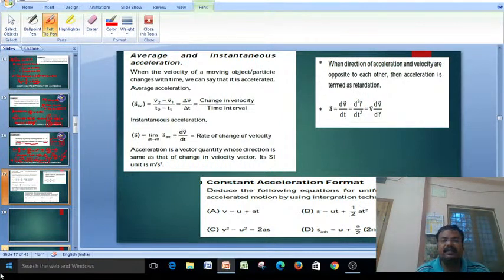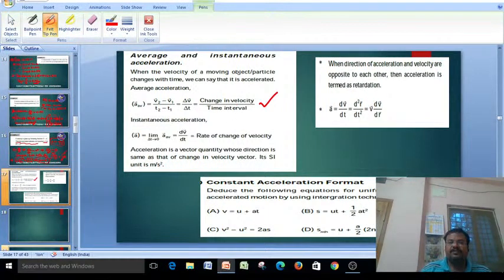Average and instantaneous acceleration. When the velocity of a moving object or particle changes with time, we can say that the object is accelerated. So what about the average acceleration? Always remember, average velocity is equal to change in displacement by time interval. Like that, the average acceleration is the change in velocity divided by the time interval.